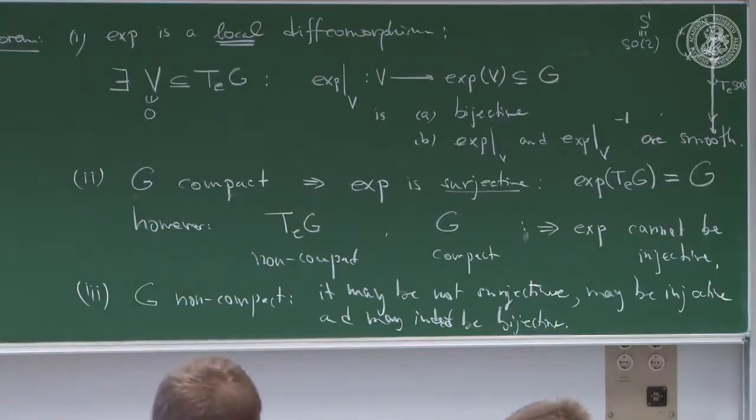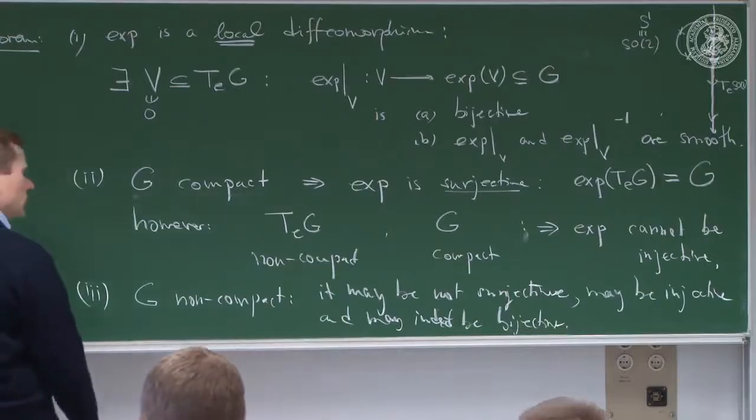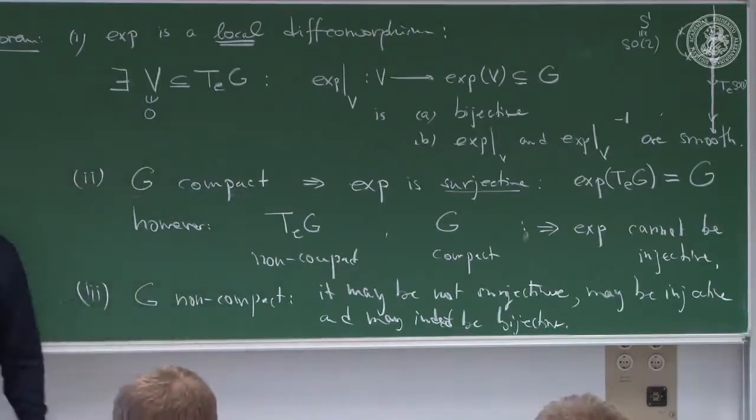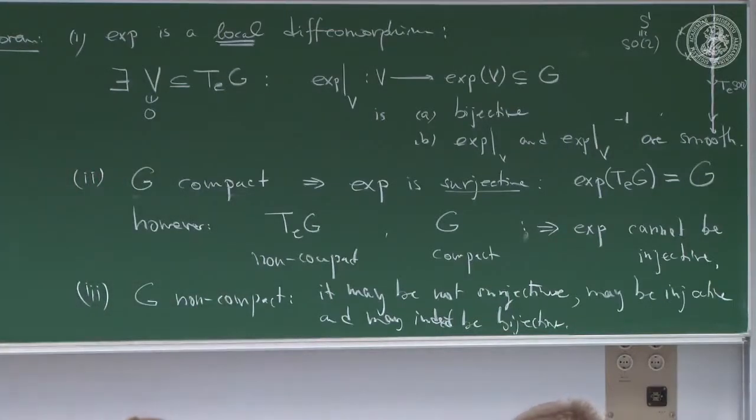Okay, and so an interesting non-compact group in physics is, of course, for instance, SO(1,3). The Lorentz group is non-compact.